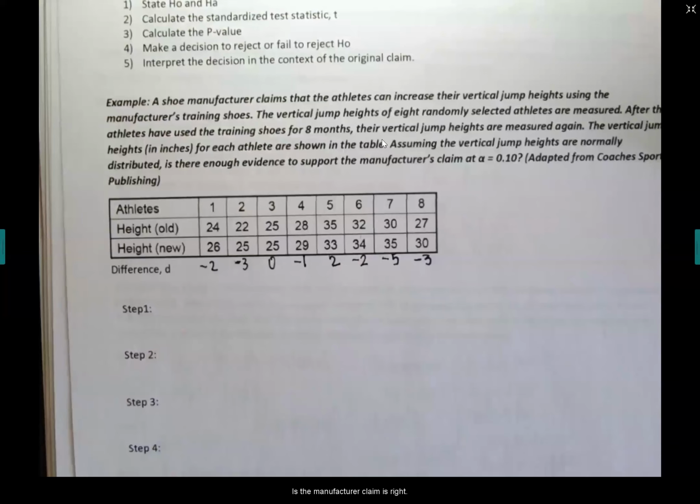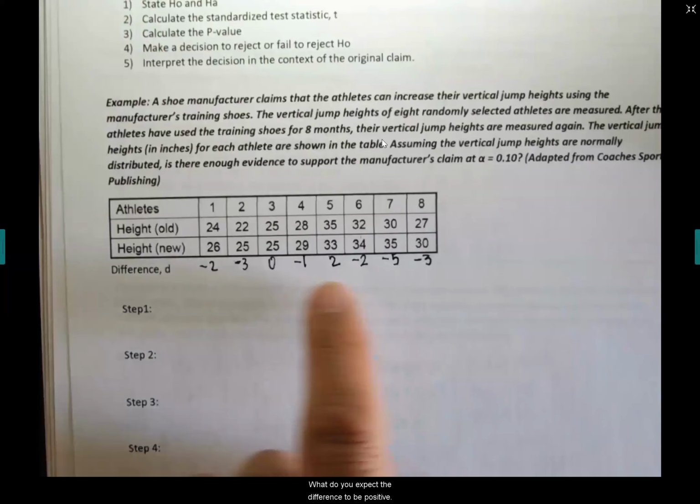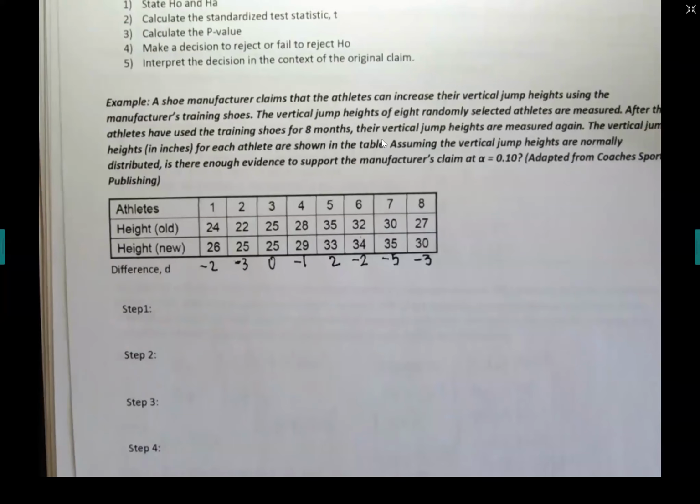If the manufacturer's claim is right, so that means athletes will increase their vertical jump heights when they wear the new shoes, what do you expect the difference to be? Positive, negative, or equal to 0?